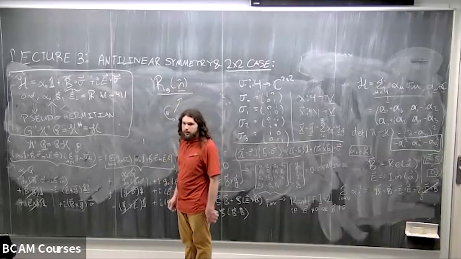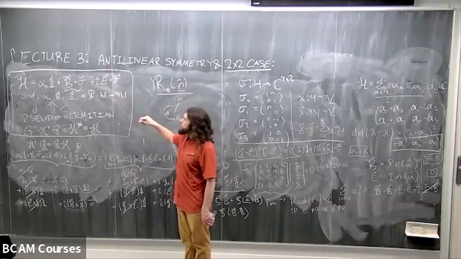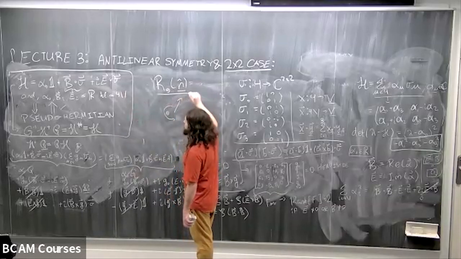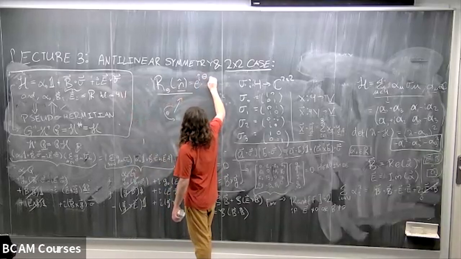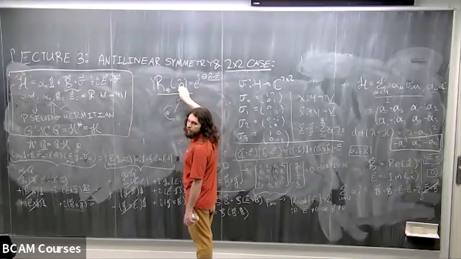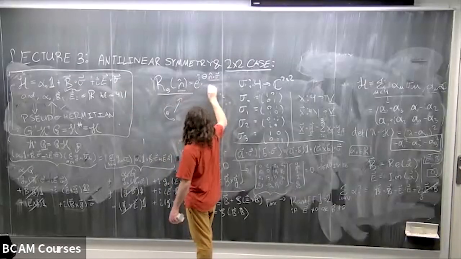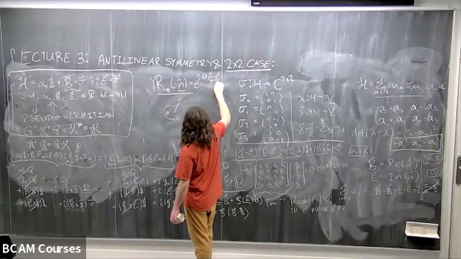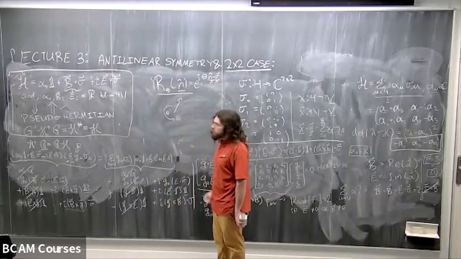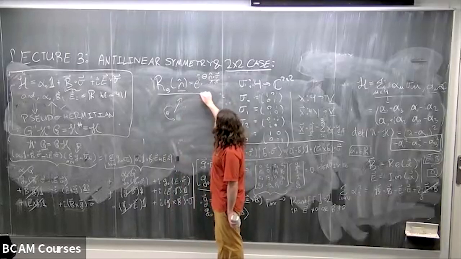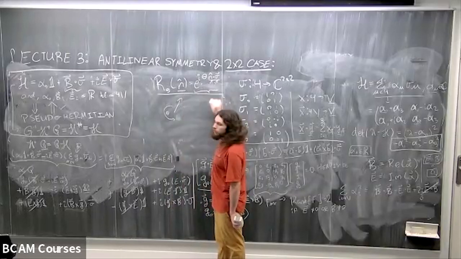And in this representation, it turns out this rotation can be implemented as this. And I'm assuming that this vector n hat is of unit length, but if you don't want to do that for some reason, you can just divide by the length of that vector. So the idea is that this is a unitary.